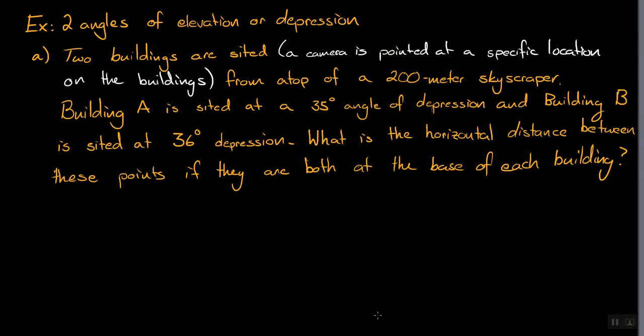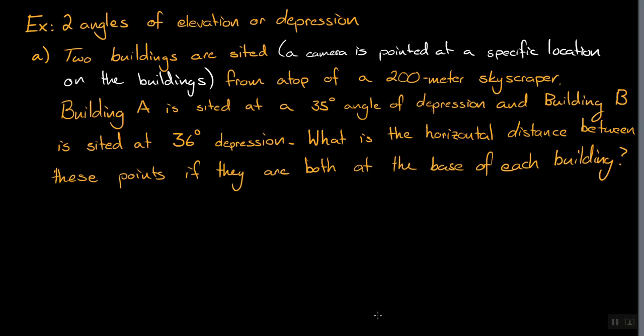And here is the last problem, and I know it's wordy, but we have two buildings that are being sighted, which just means a camera is pointed at a specific location on the buildings. We'll see later in the problem that it's actually just going to be pointed at the base of these buildings along the ground. But we're sighting these from the top of a 200-meter tall skyscraper. We have one building called Building A that we sight in at a 35-degree angle of depression.